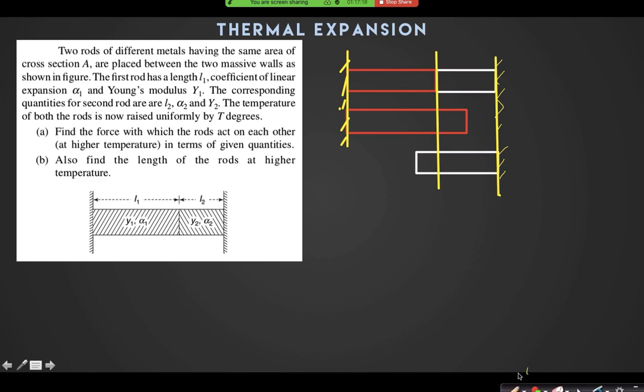So same problem. This is the initial length of the rod L1 and this is the length of the rod L2.